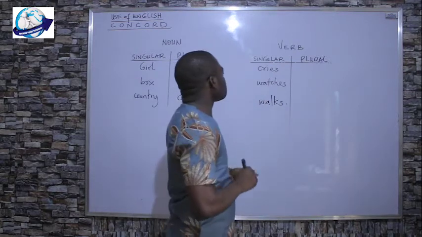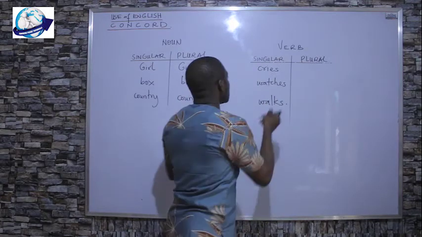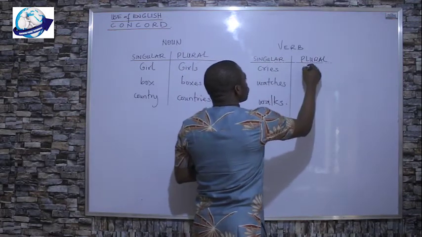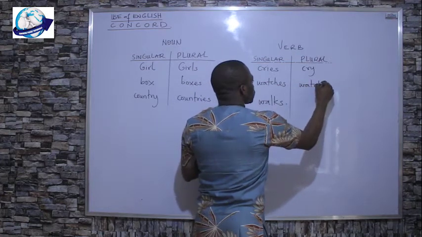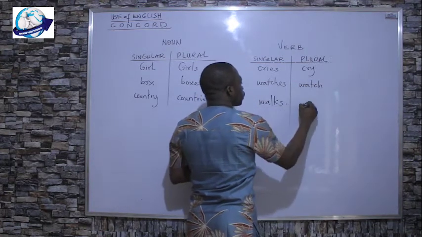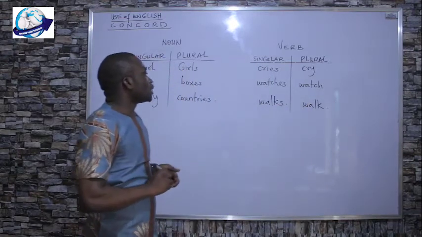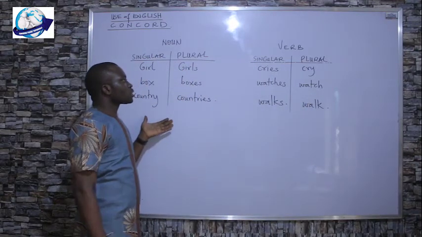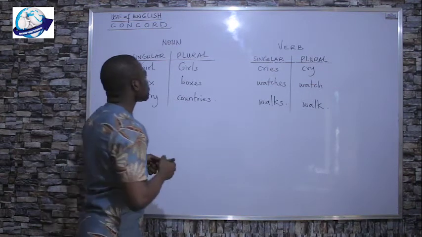Okay, so if you want to get a plural form, all you need to do is remove the IES. Remove the IES, you're going to say cry. Remove the ES, you say watch. Remove the S, you say walk. It's walk. Alright. Now this is actually the application. Let's see if we can do a little matching here.